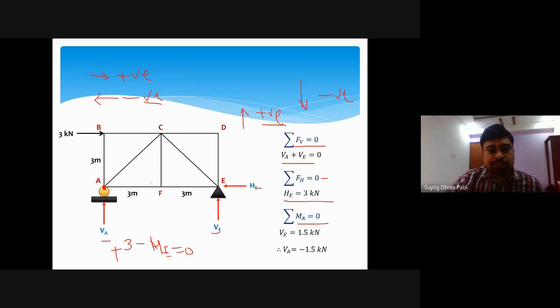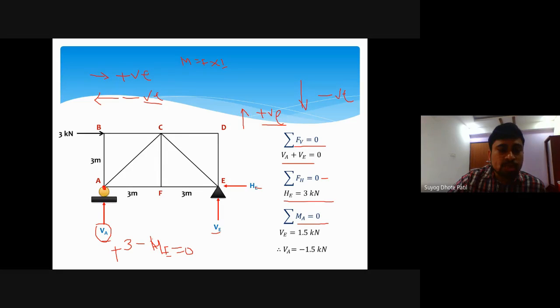Why? See, if I consider joint A, the line of action of VA passes through this joint, and the line of action of HE also passes through this joint A. Now, moment is nothing but force into perpendicular distance.